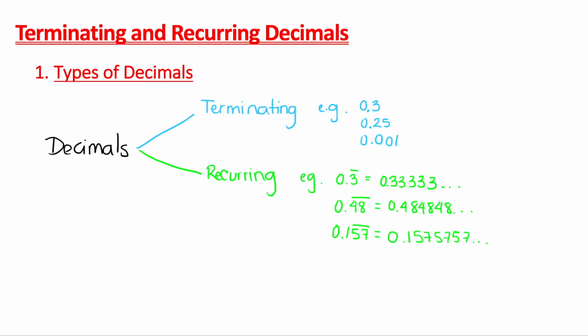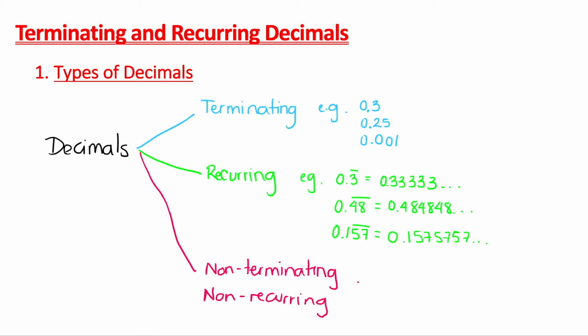The third type is called, this is very original, non-recurring, non-terminating decimals. Basically those are decimals that are none of the previous ones.